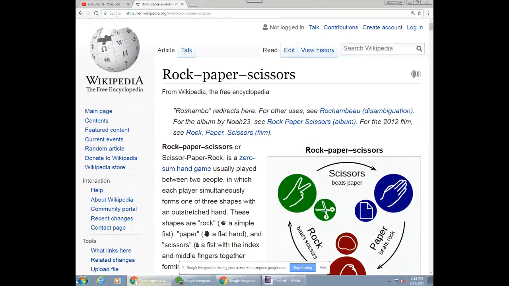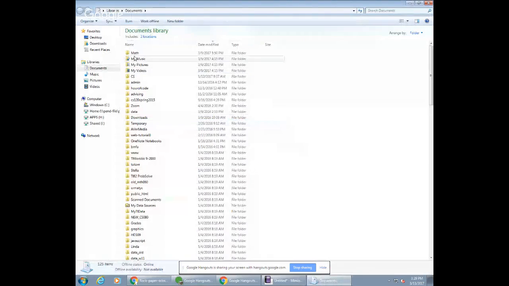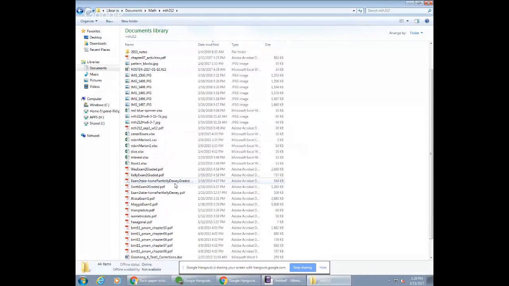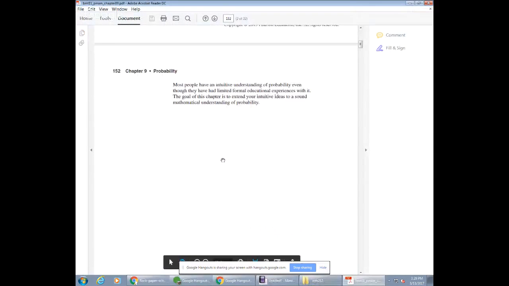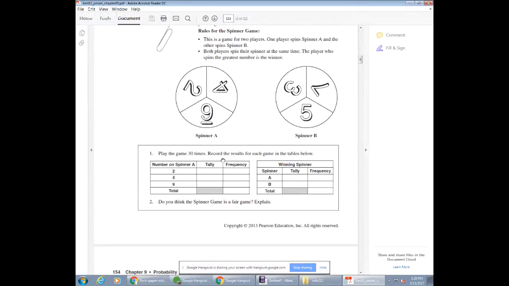So I'm going to bring that up here. We are in chapter 9, activities. What we want to do is find somebody to spin with. One of you will play spinner A, the other spinner B. For spinner A, keep track of how many times you got a 2, a 4, or a 9.